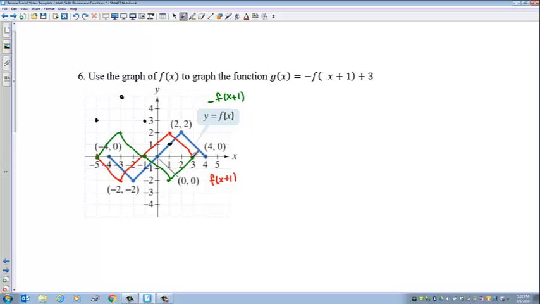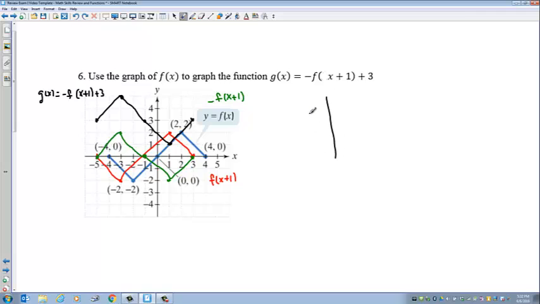And finally, this green dot up 1, 2, and 3. And then you can connect those black dots, and we'll get our final answer then. And this black one, then that's our g of x, which was equal to negative f of x plus 1, all plus 3.